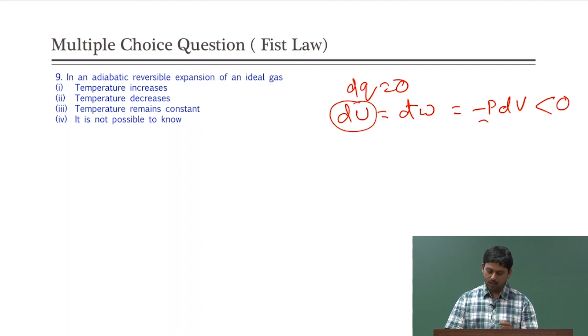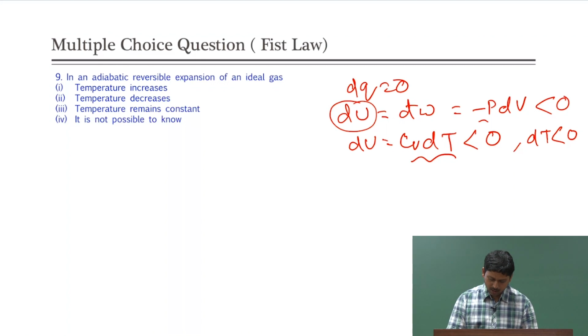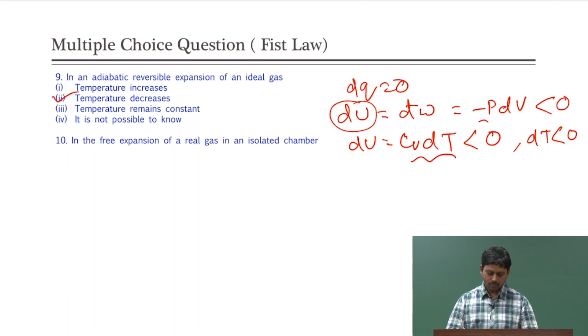If dw is negative, du is a negative quantity. We know du equal to Cv dT, and Cv is a constant and positive, so dT must be a negative quantity. That means the final temperature is less than the initial temperature. So, temperature decreases is the right answer.